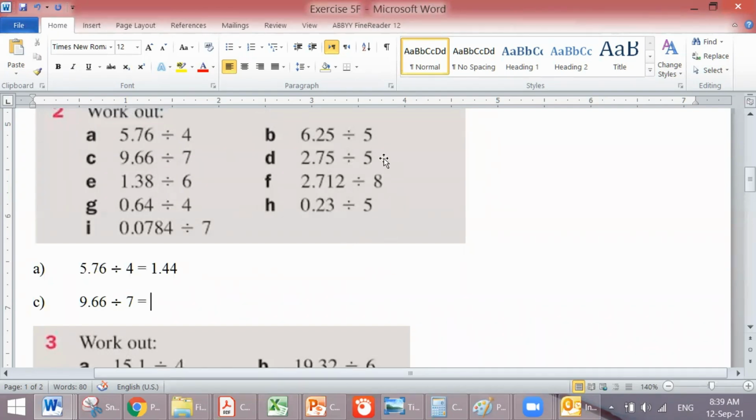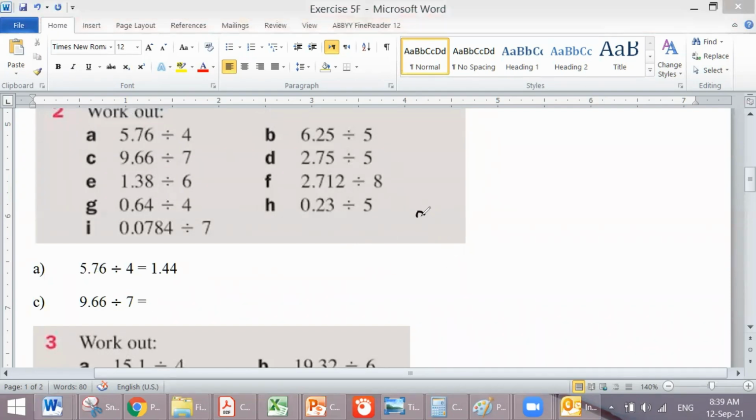First of all, I will write it without the decimal point, and I will now solve it. Divided by 7. So 7 ones are 7, and 9 minus 7 is 2, and then 6 will be put down.